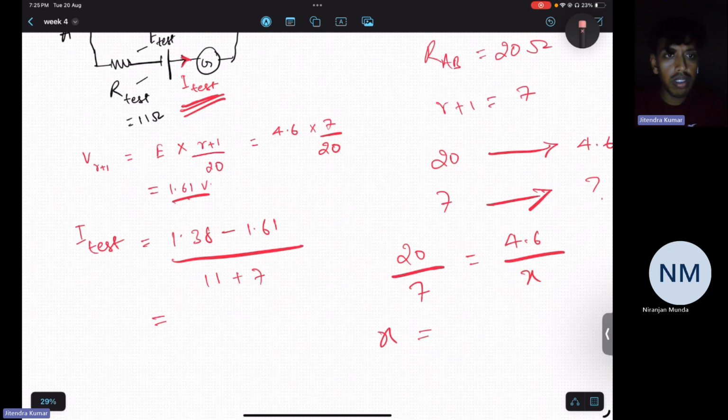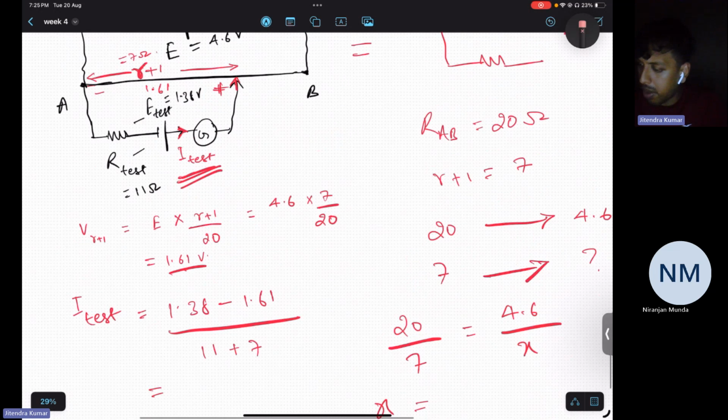Okay, so this will not give you RTH. So RTH we can also calculate another way.